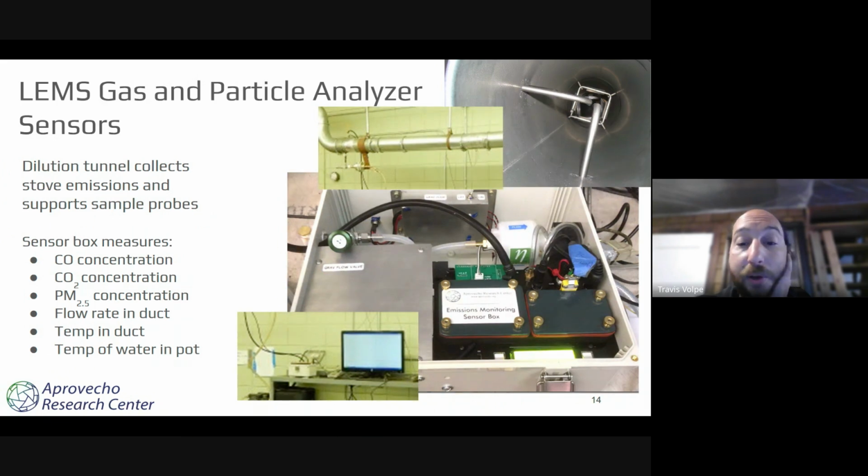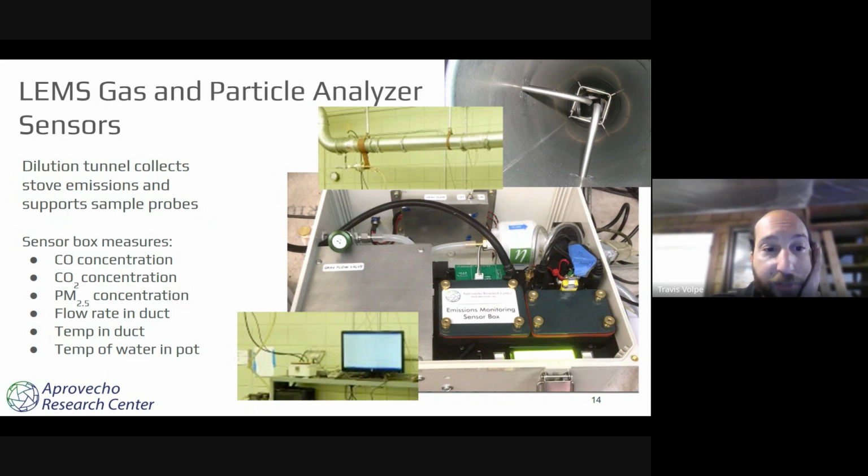The main component of the LEMS is the sensor box itself, or one of the main components. The dilution tunnel collects the stove emissions and supports the sample probes. On the top right is a view inside of the duct, showing the sample collection probes as well as the flow grid, which is a pitot tube velocity measuring sensor.